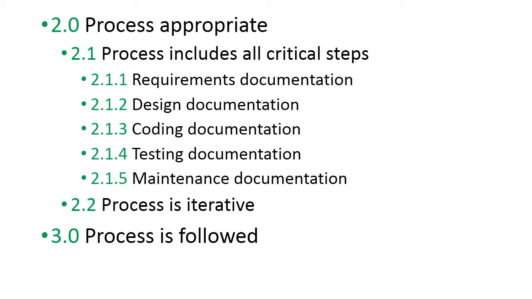The process includes all critical steps like requirements documentation. So there must be a document which lists out all kinds of requirements in advance, and the person responsible for the development of software must collect all necessary requirements before the development process starts.